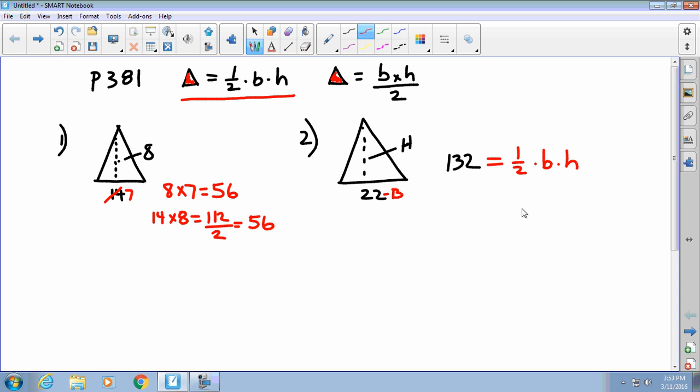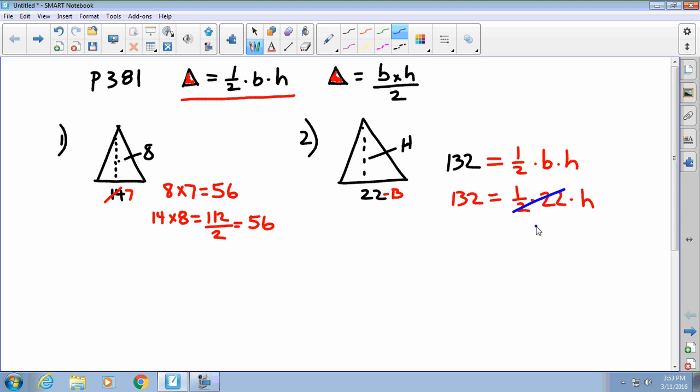So I'm going to plug in 132 equals 1/2 times 22 times h. I should keep my h a lowercase h just to keep everybody on the same page here. So 22 times h. The next step is I need to cut 22 in half.